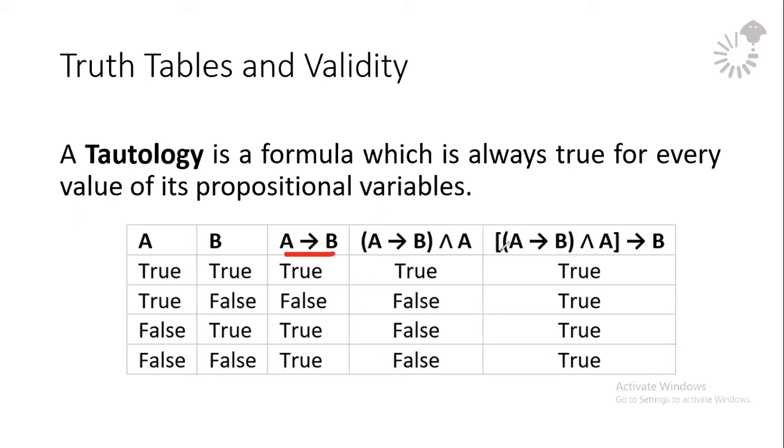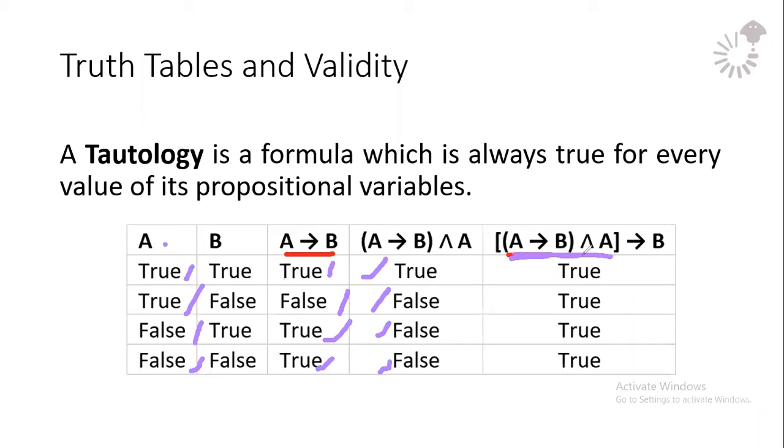Then, A and B. After we execute this, we execute the AND with A. Conjunction with the value of A. True and true is true. False and true is false. True and false is false. True and false is false. Okay?